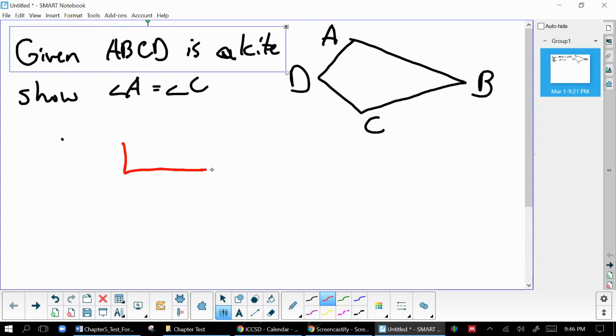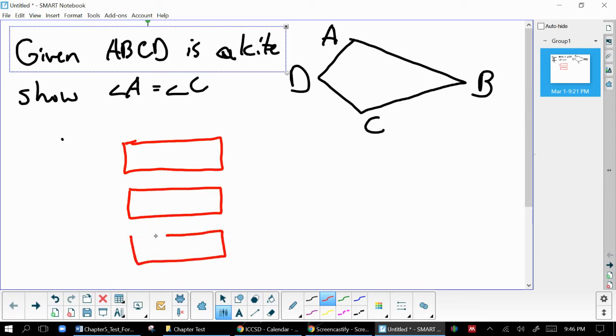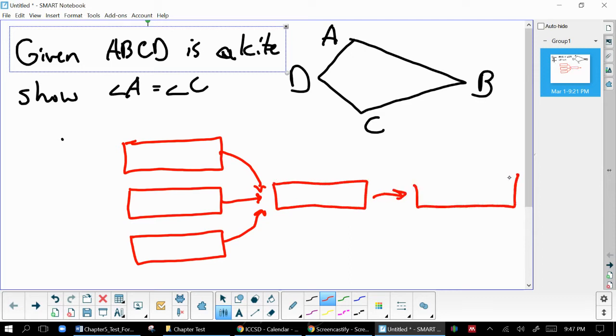So the first thing you're going to see on every single one of these proofs is you've got to have the 3 congruent things, your 3 congruent pairs. Those are together going to tell you that you have congruent triangles. And then you're always going to use CPCTC to talk about congruent parts of those congruent triangles.